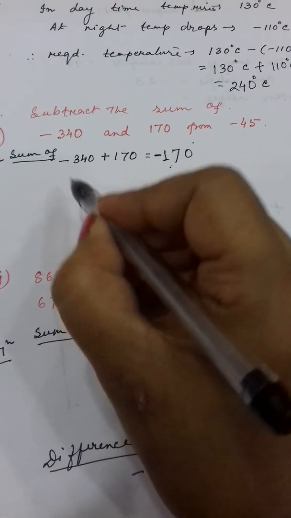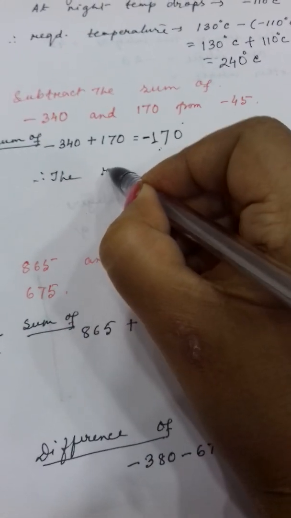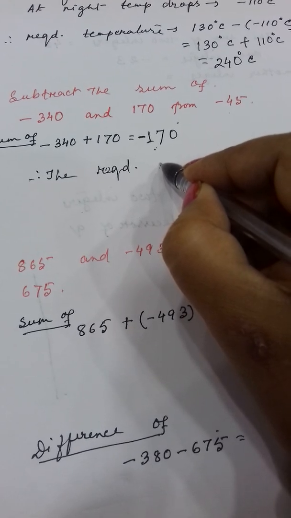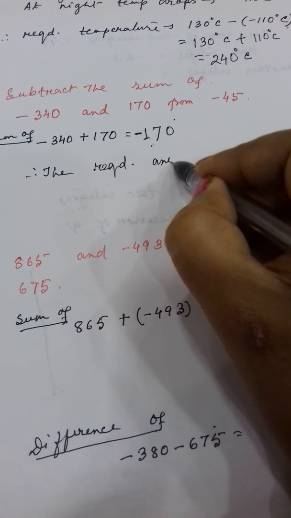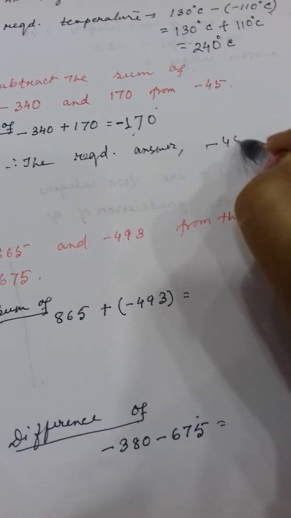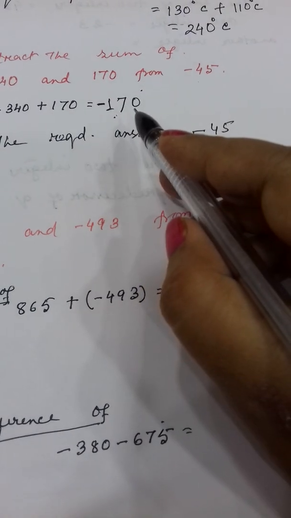So again you arrange the statement. Therefore the required answer, first you will write minus 45, because from minus 45 you have to subtract minus 170.